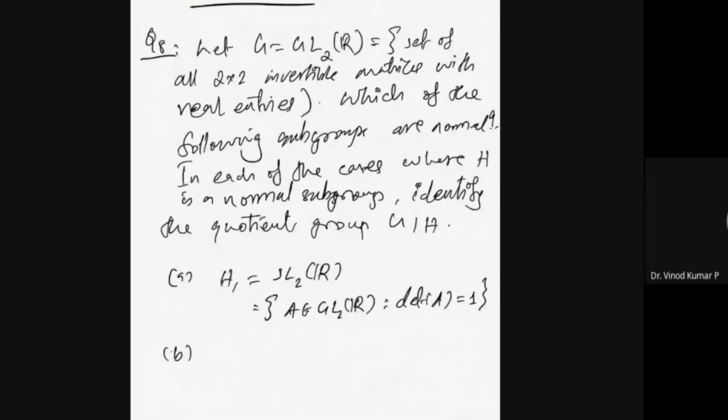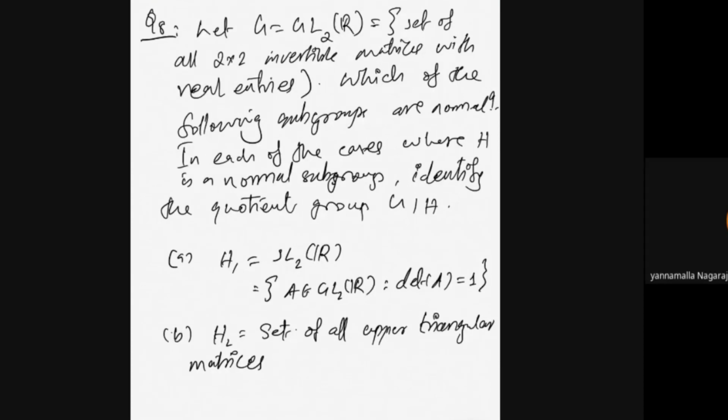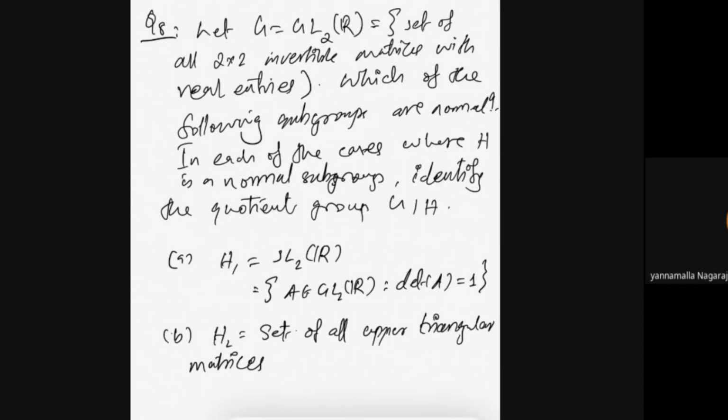Second option, H2, the set of all upper triangular matrices in GL2R.